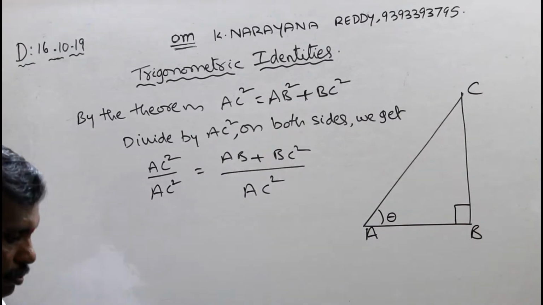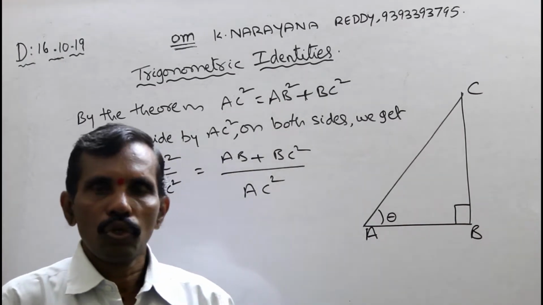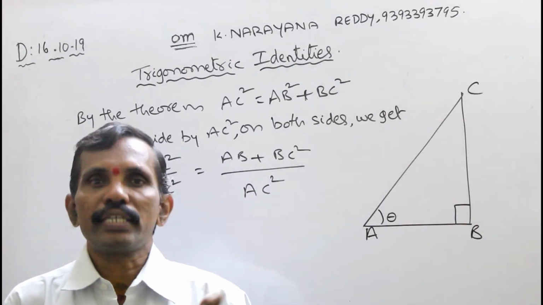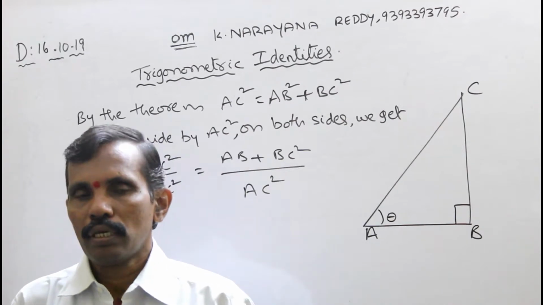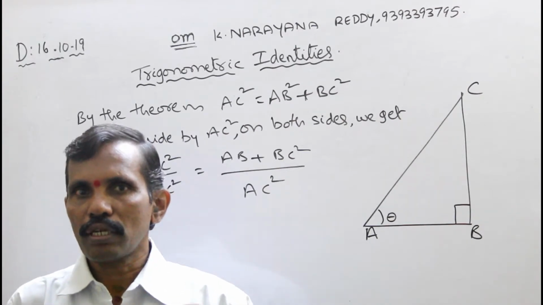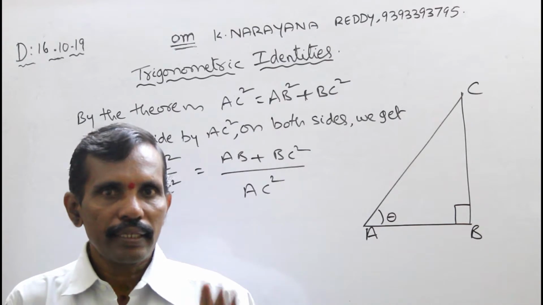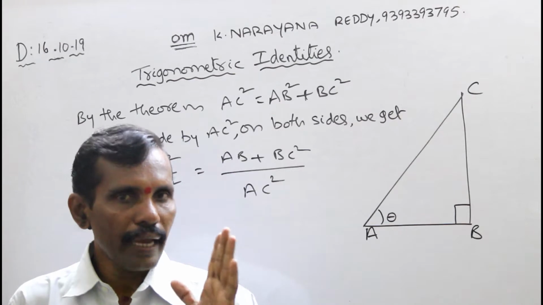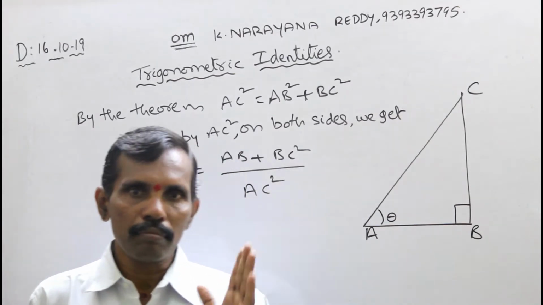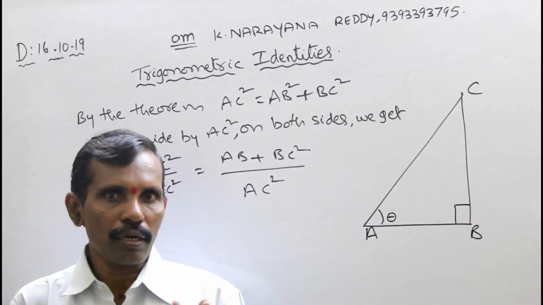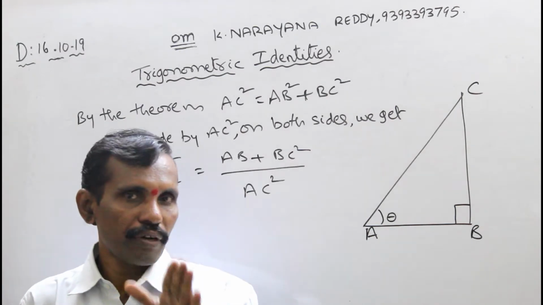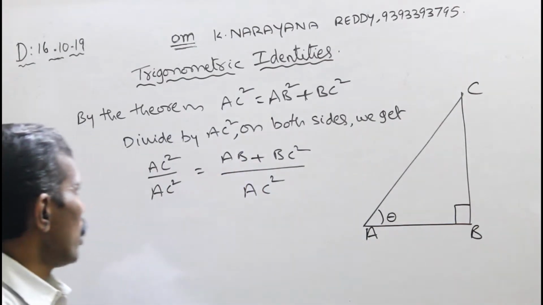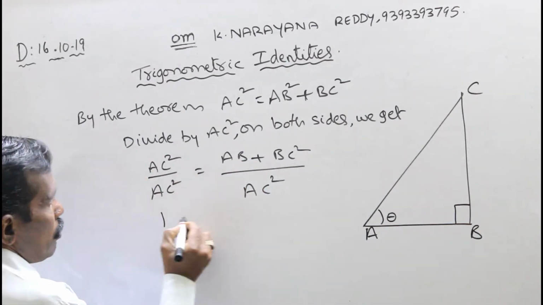In mathematics, we can do any calculation, adding, division, multiplication or subtraction, whatever it is, on both sides with the same value. That is the main important point you have observed in mathematics. You can apply the same operation on both sides of the equation. Okay, that is the rule.